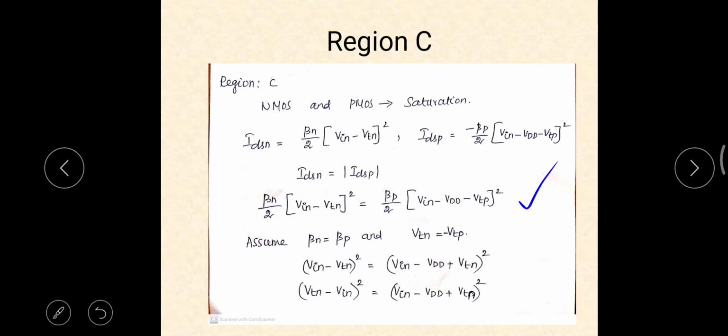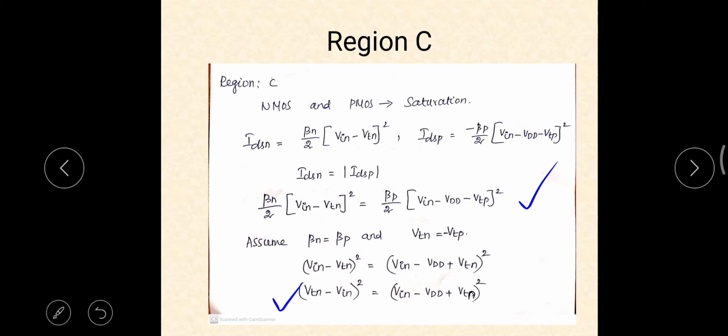So finally I can write Vin minus VTN the whole square is equal to Vin minus VDD, and this minus VTP can be expressed as plus VTN, the whole square. For ease of calculation, I rewrite Vin minus VTN whole square as VTN minus Vin whole square, because a minus b whole square is equivalent to b minus a the whole square.